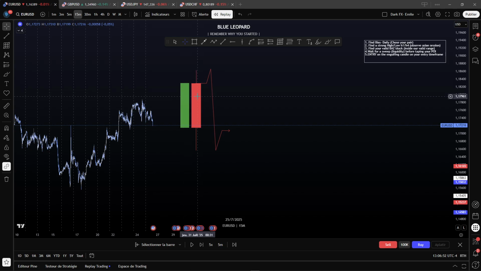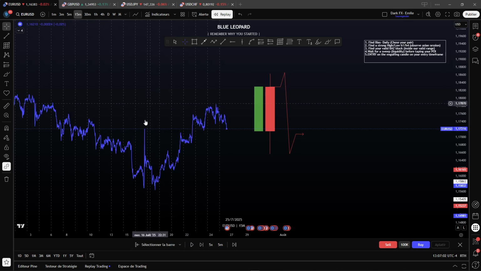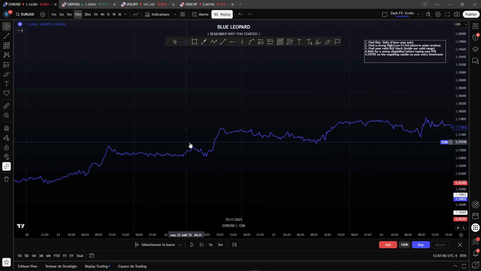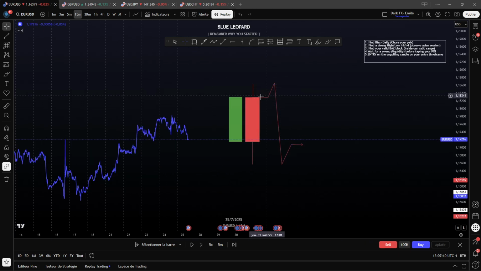So if this is a daily, inside of the daily you will have this price action. You can look at this chart with a line chart. You see what I'm drawing here, it's lines to explain how the candle forms.